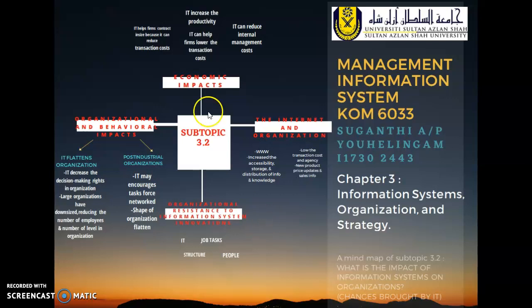Okay, the last part in 3.2 is organizational resistance to information system innovation. Okay, organizations resist change.